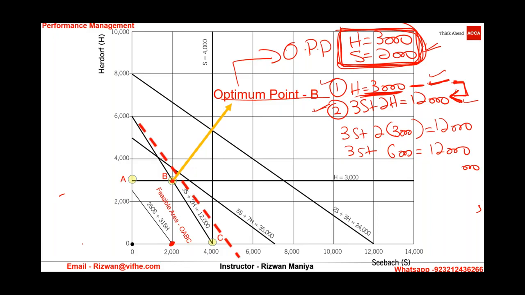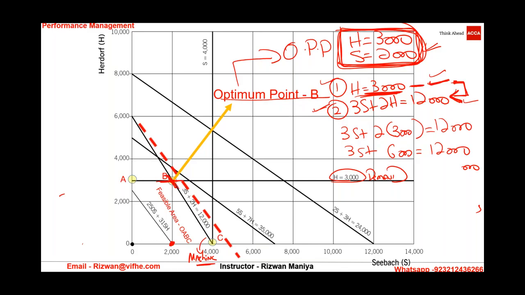One is the H3000 demand line, and second is the machine hour line. You can check later on using the question as well. So these two lines are intersecting here.